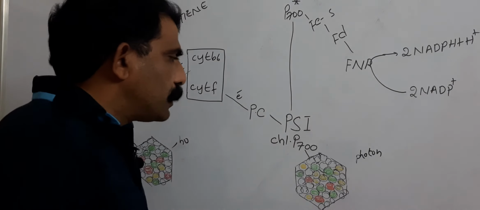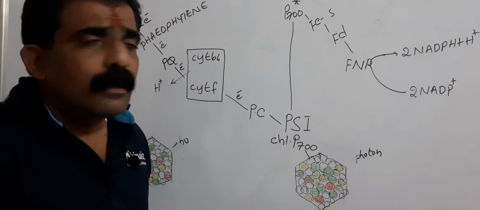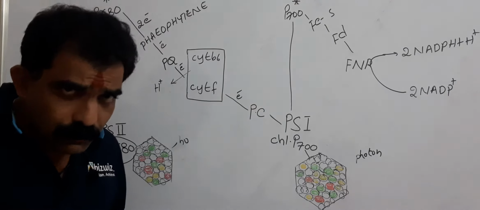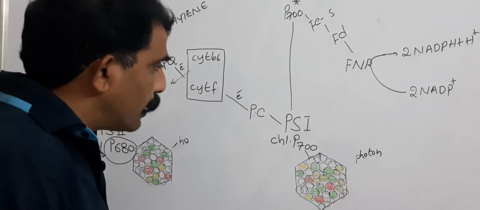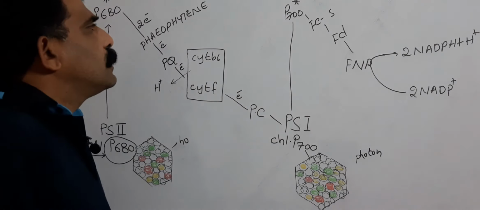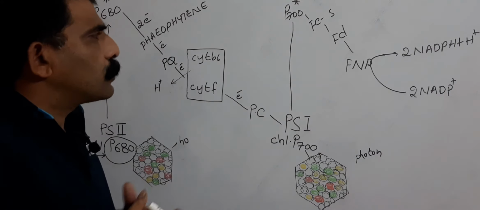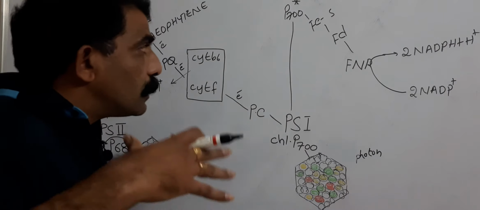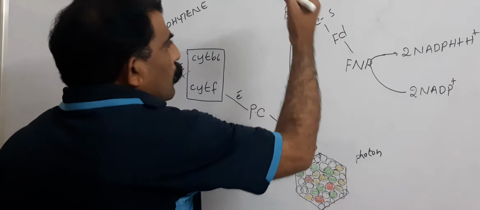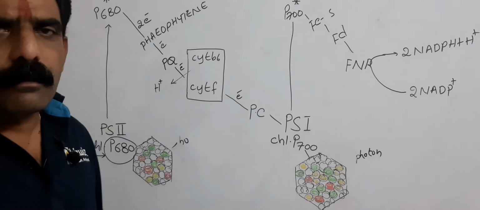By this time, simultaneously, here in PS1 also the pigment system absorbs the photons and that is transferred to the reaction center P700, which is nothing but a chlorophyll molecule, and it gets excited. In that excited state, again the electrons are ejected. The ejected electrons are transferred to the ferrous sulfur protein.